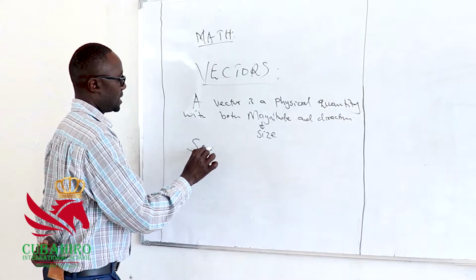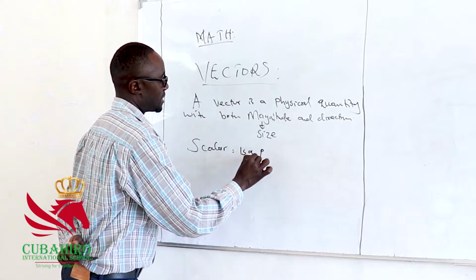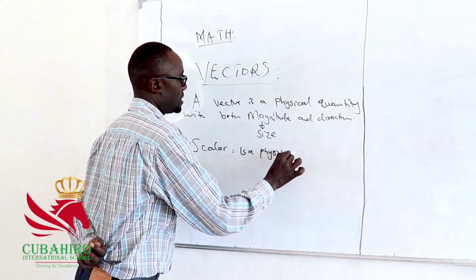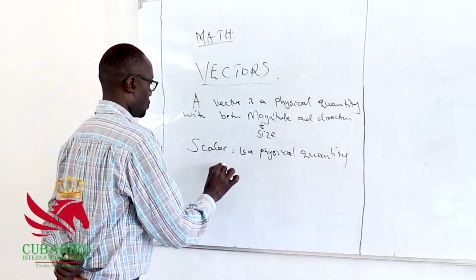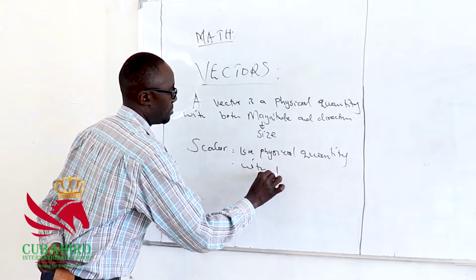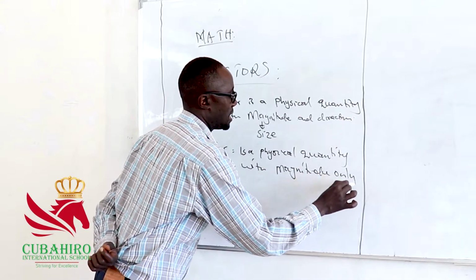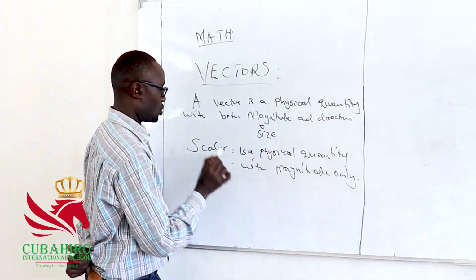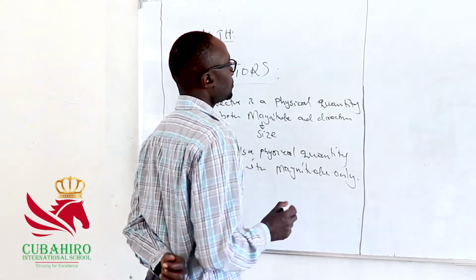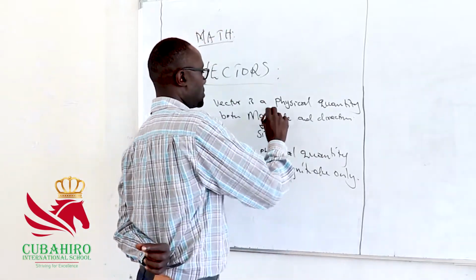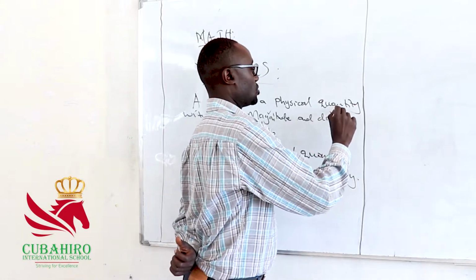And a scalar is as well a physical quantity with magnitude only. So in this case, there is no direction relationship. So in a vector, there must be magnitude or size, then followed by direction. Very key.